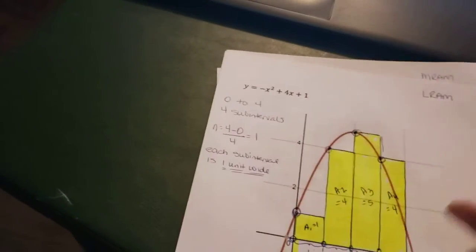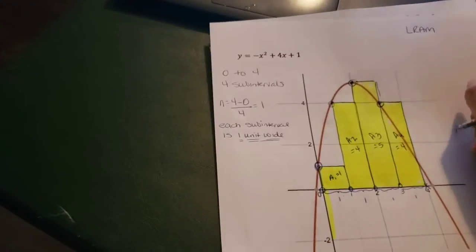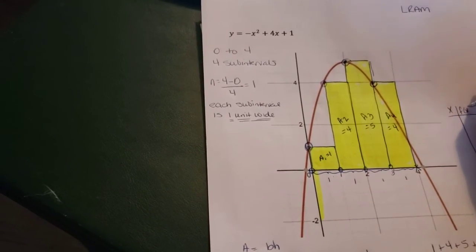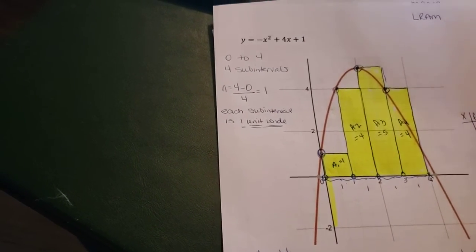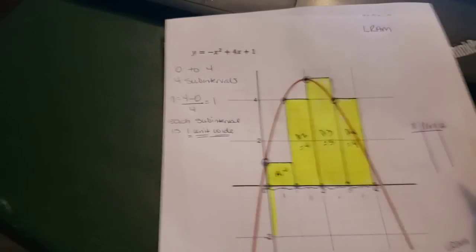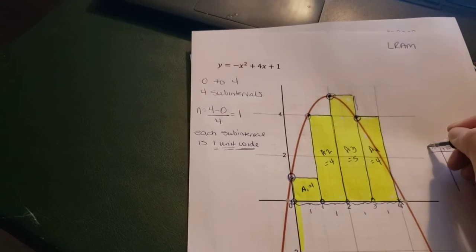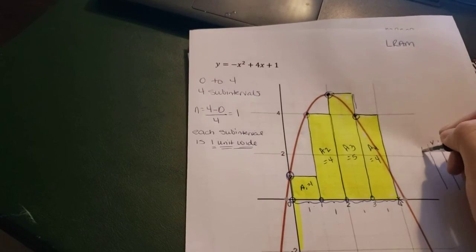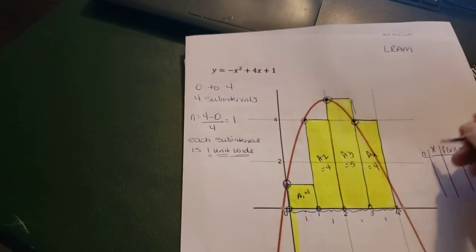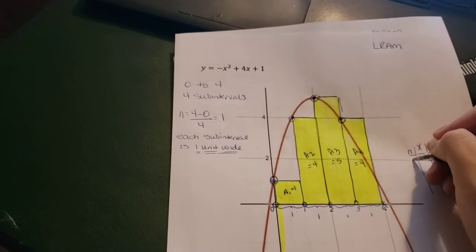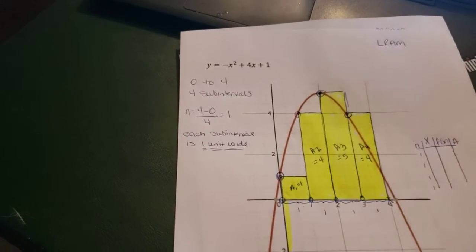We very easily could have turned this into a table and said, okay, what x am I using? What f of x? And then what's the area? Oh, we want our interval as well, or n. So for each one, the interval is 1.